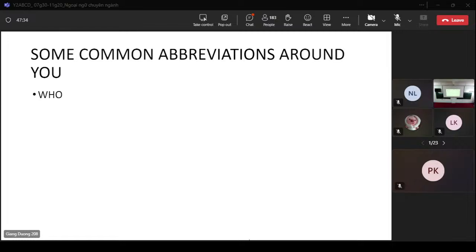Abbreviation means the short form of phrases. Okay, short form of phrases. Some abbreviations around you: World Health Organization.